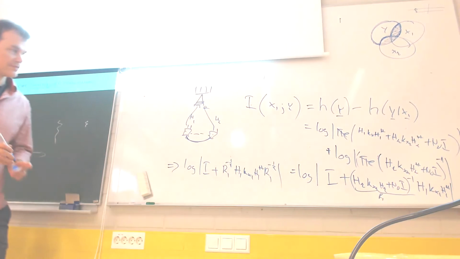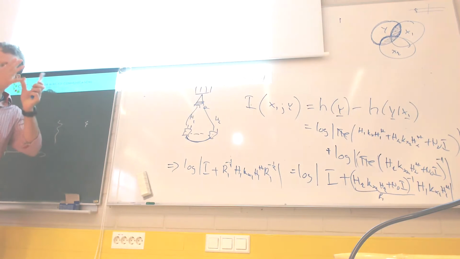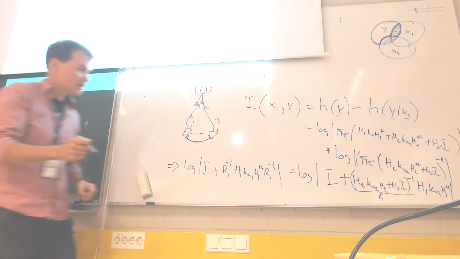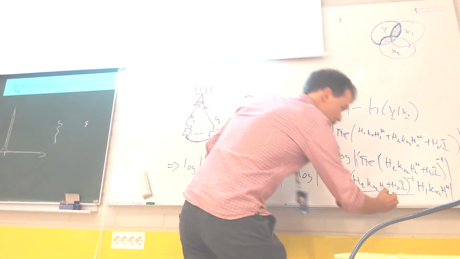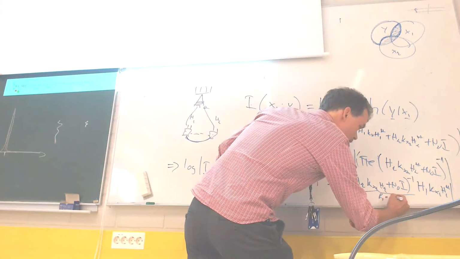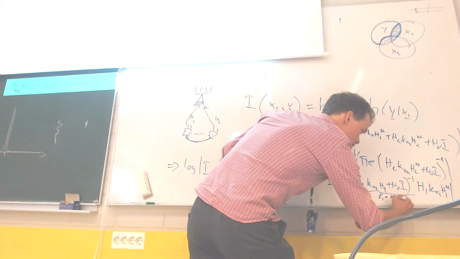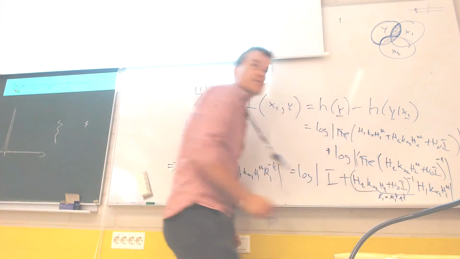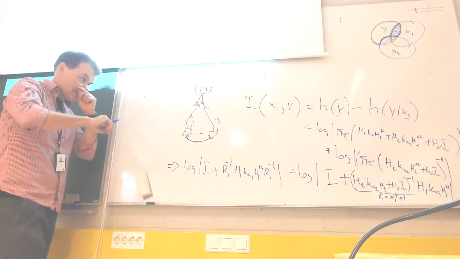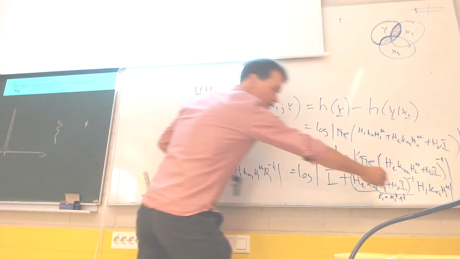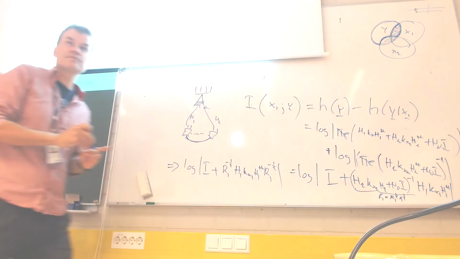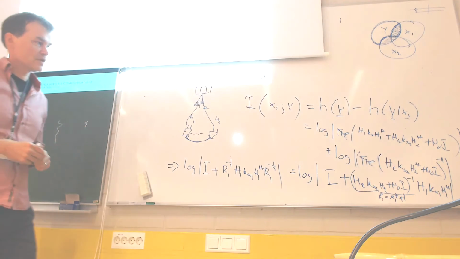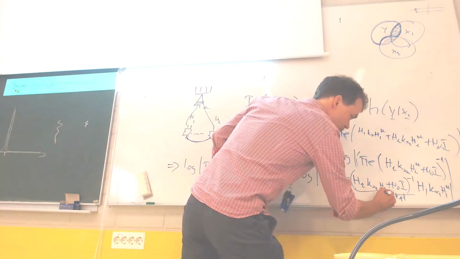Right? We are using det(I + AB) = det(I + BA). We are splitting R1 into R1 square root times R1 square root, and then just taking the other square root to the other side for R1 inverse.